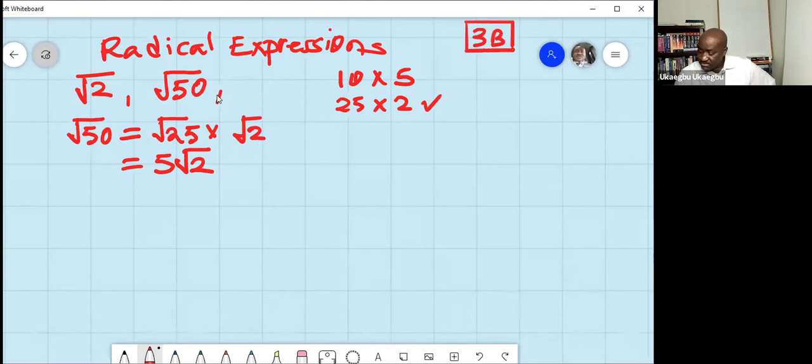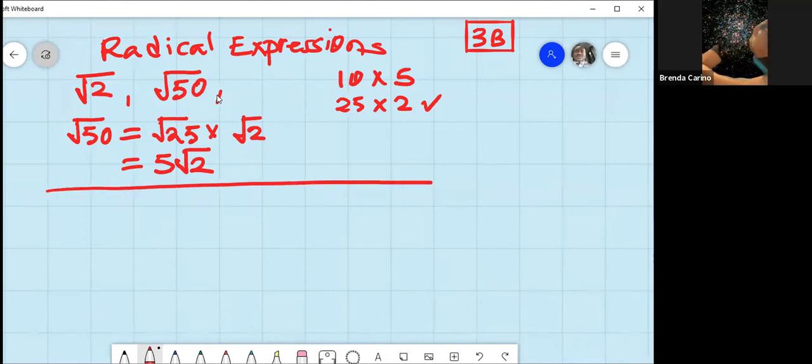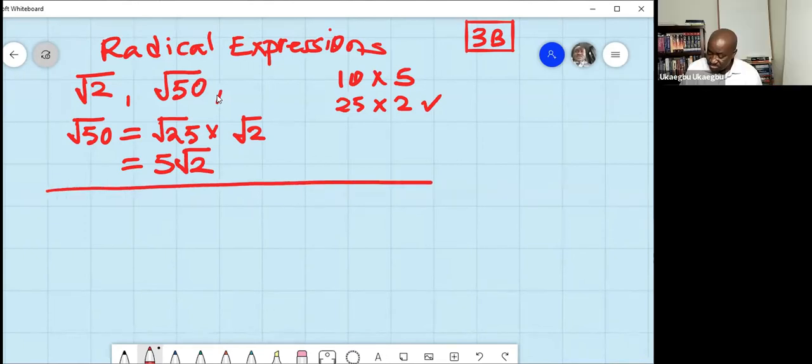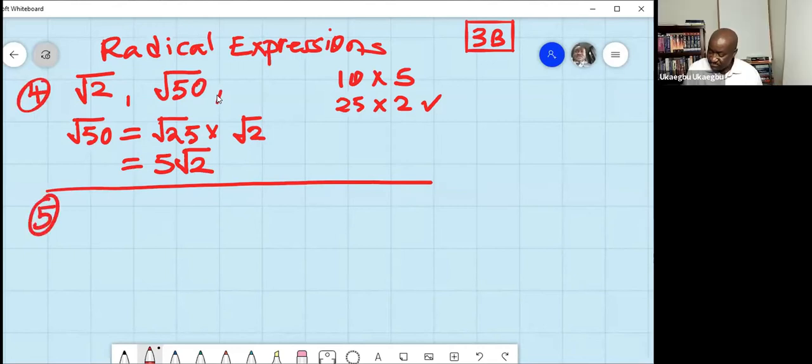All right, now let's write other expressions. Let's call this example 4. Now let's try example 5. We can have something like this.